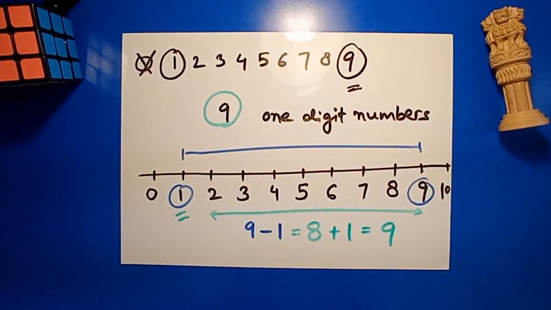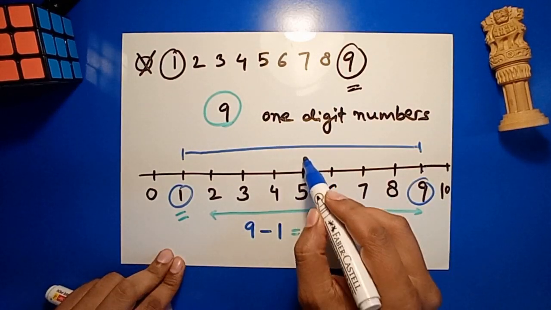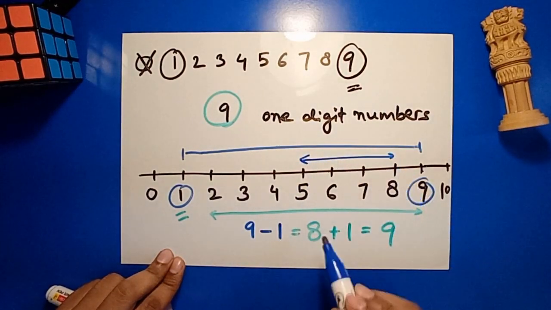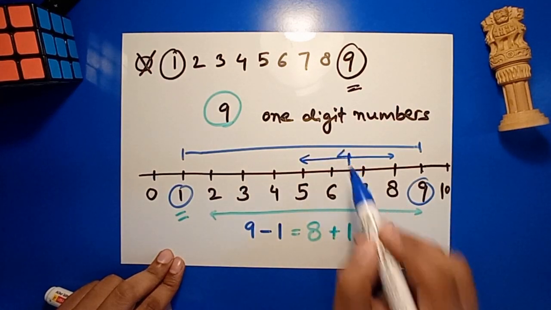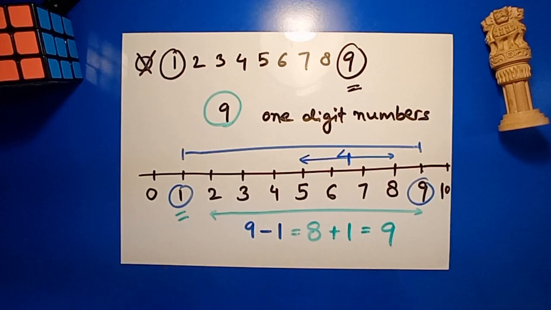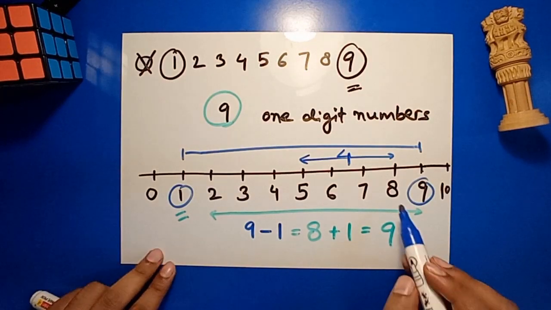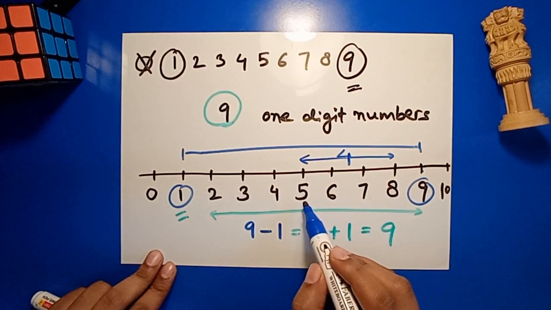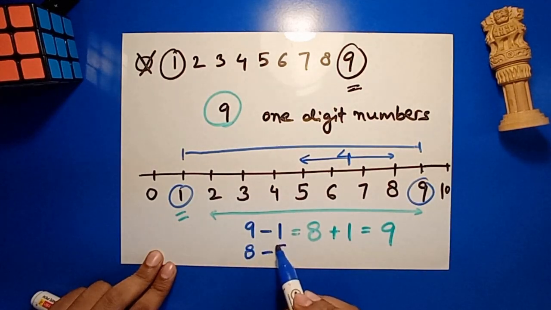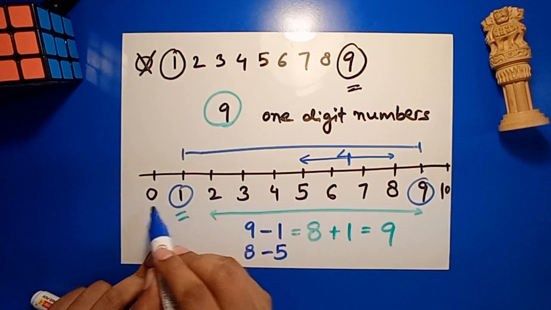Let's take another example. How many digits are there between 5 and 8? I want to find 5 and 8. So the number of digits is 1, 2, 3, 4. I counted it, 4. Now let's apply the same formula to see if we can find it using the formula. So 8 minus 5. 5 is removed.